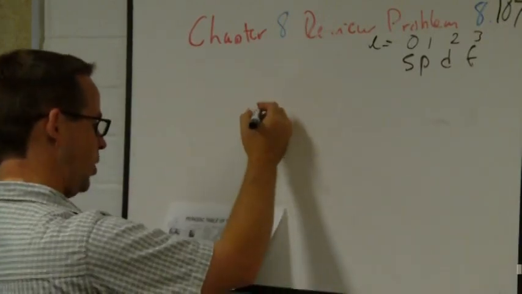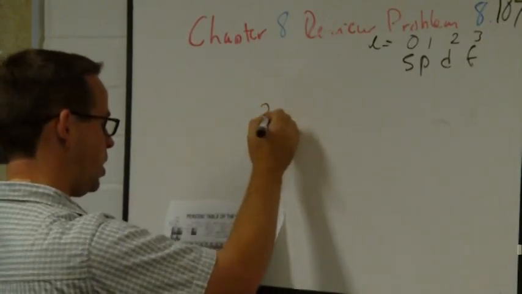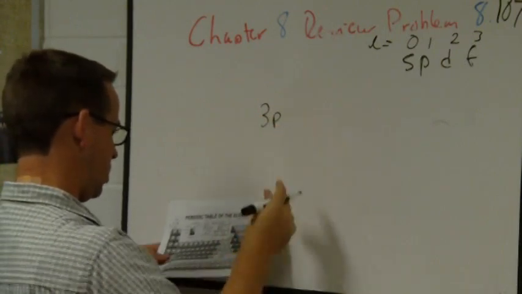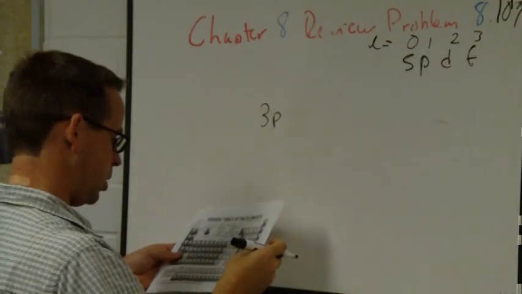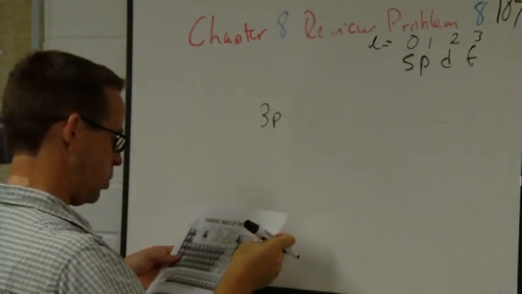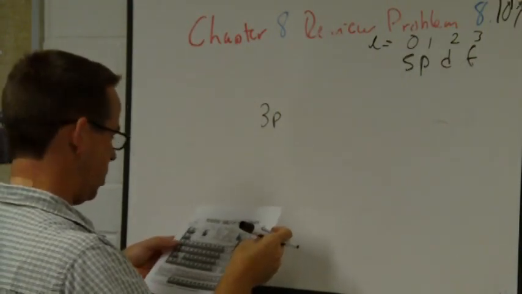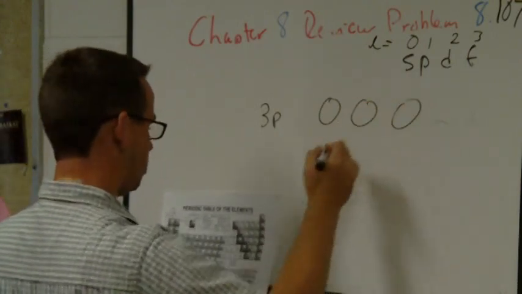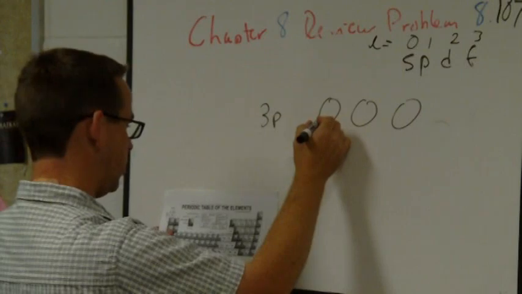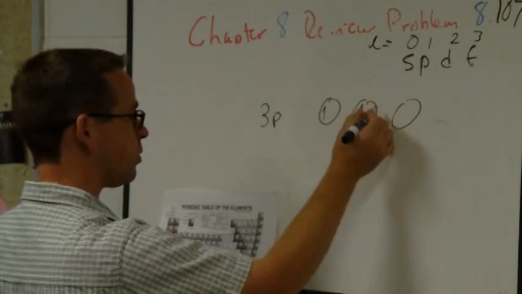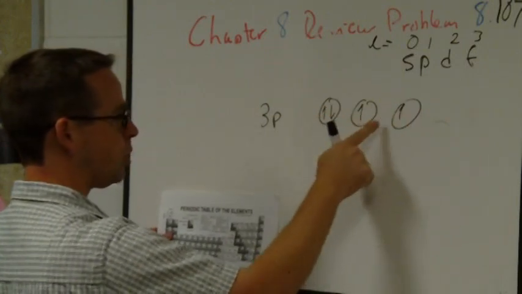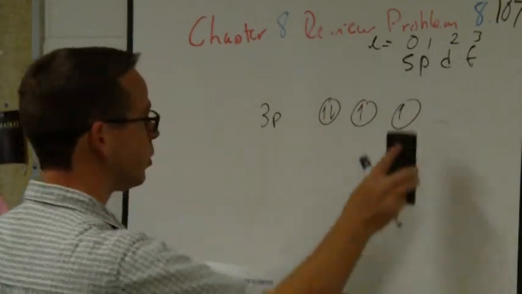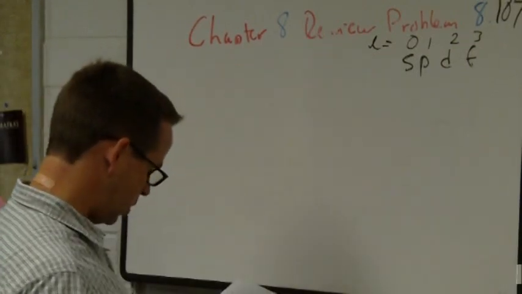Sulfur, you're filling the 3p. Here are our p orbitals, and sulfur has 4 electrons there. So we still have a degree of paramagnetism because there are 2 electrons that aren't paired. So sulfur would be expected to be paramagnetic.